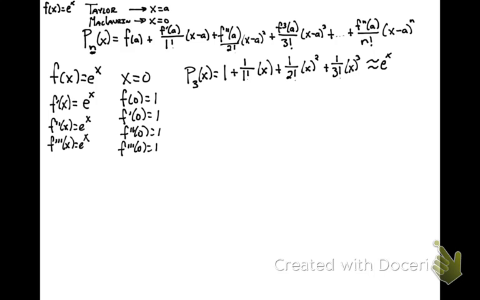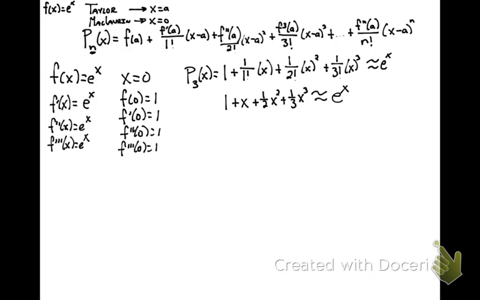Now if I were to simplify this, this would be 1 plus x plus 1/2 x squared plus 1/3 x cubed. And we're saying that that is about e to the x.